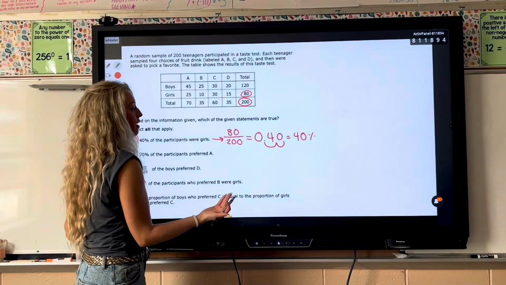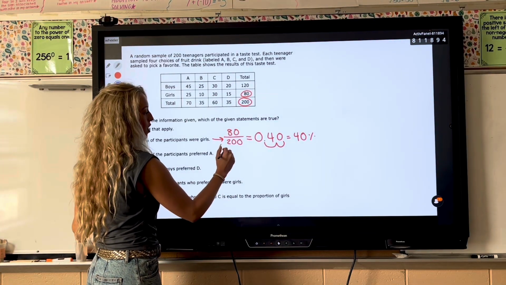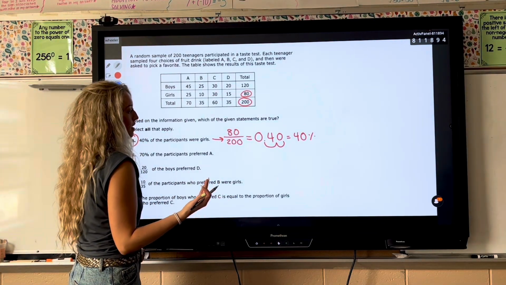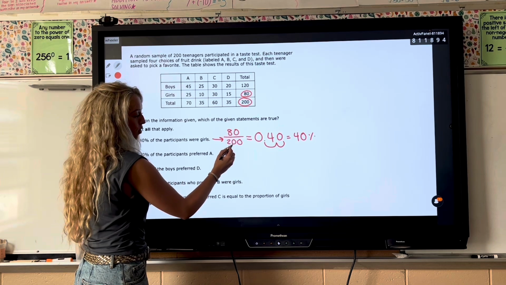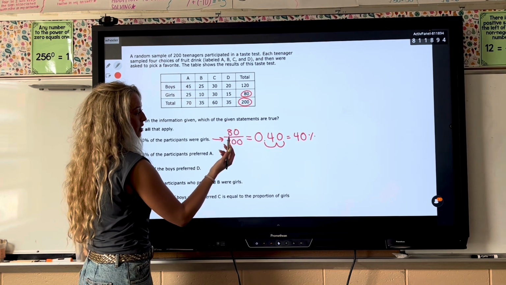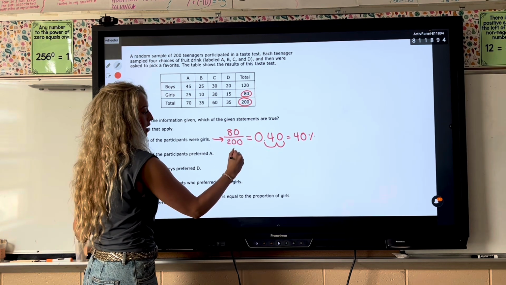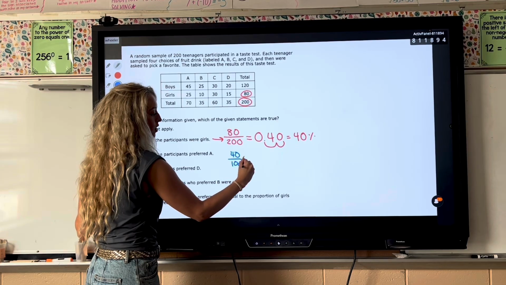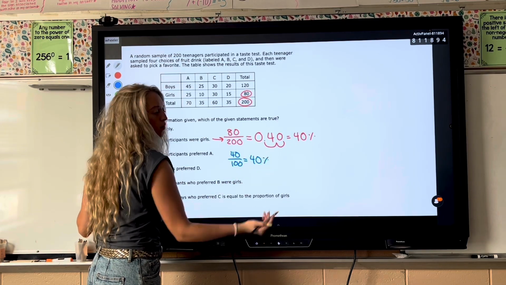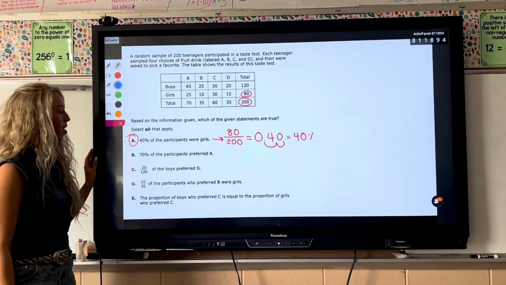If you didn't know how to convert it, you could have also known that a percent is always out of 100. In order to make this have a denominator of 100, I would divide top and bottom by 2, which would give me 40 over 100, which is automatically 40%. I'm going to go ahead and check option B now.